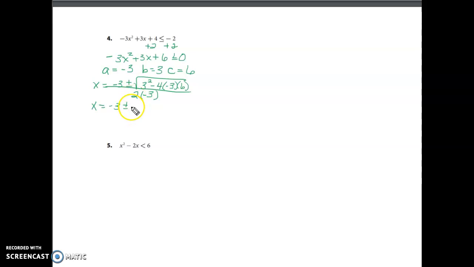So it's going to be negative 3 plus or minus the square root of 9. Let's see, 4 times 3 is 12. 12 times 6 is 72. So that'll be positive 72 over negative 6. X is going to equal negative 3 plus or minus the square root of 81 over negative 6. And then negative 3 plus or minus 9 over negative 6.